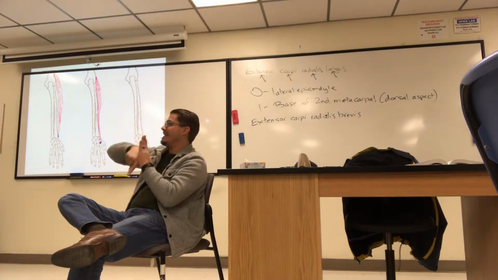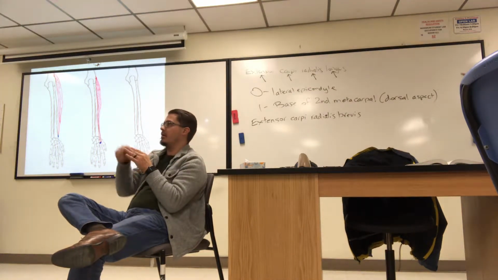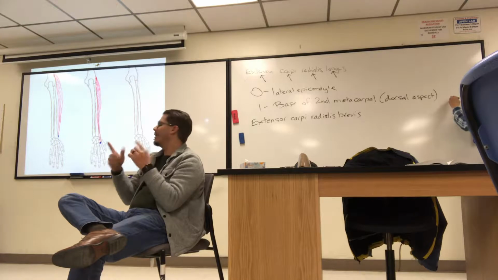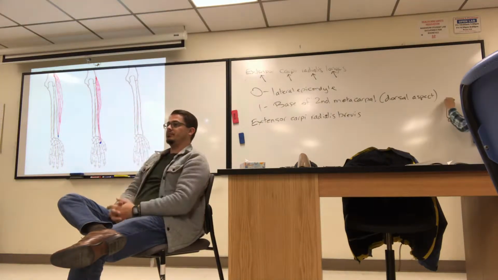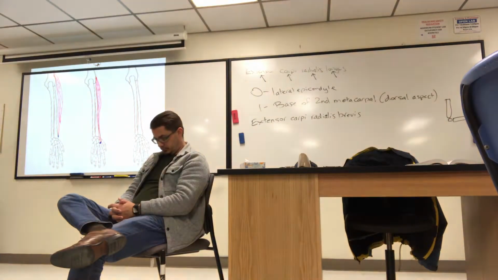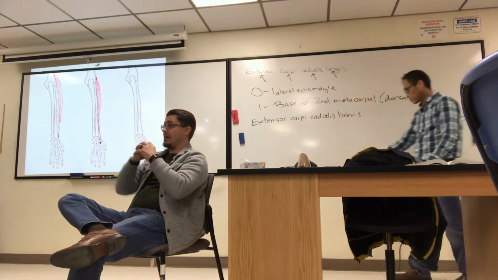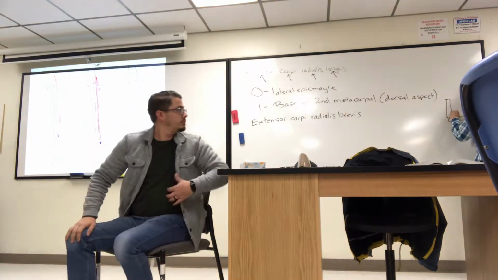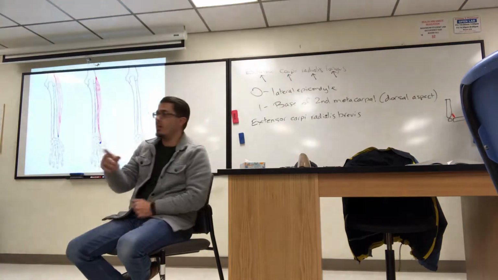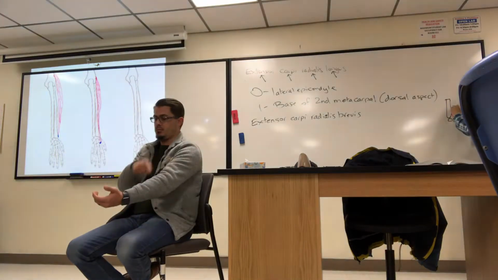Okay. So for example, it's hard to show here, but let's say that's my joint. There's one muscle crossing the joint, and here's another muscle.